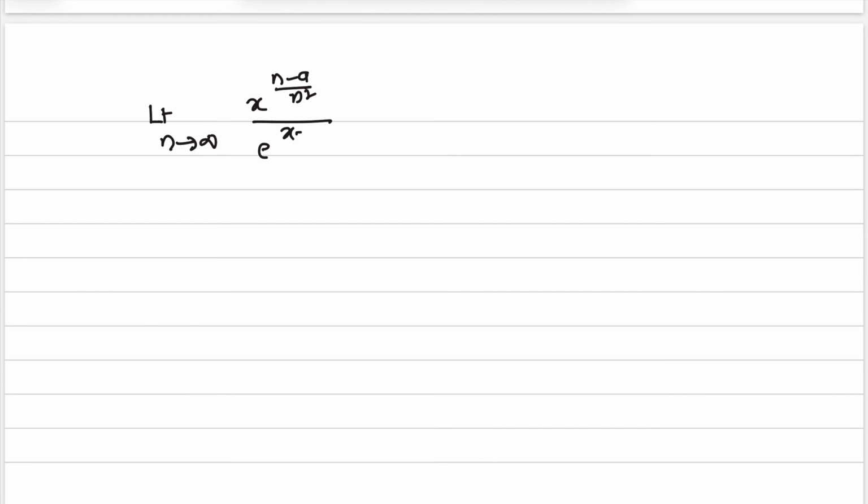Now, let us come to the answer. Limit n tends to infinity, this is one part of the answer. Again, we have to find the differential d by dx of this value. Limit n tends to infinity of x to the power of n minus a by n square whole divided by e to the power of x minus b by x square is equal to, numerator we have got as 1, denominator we have got as e to the power of x minus b by x square.